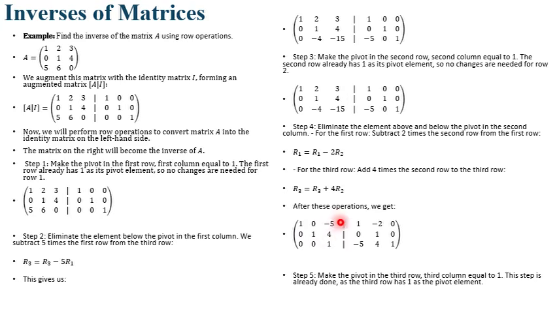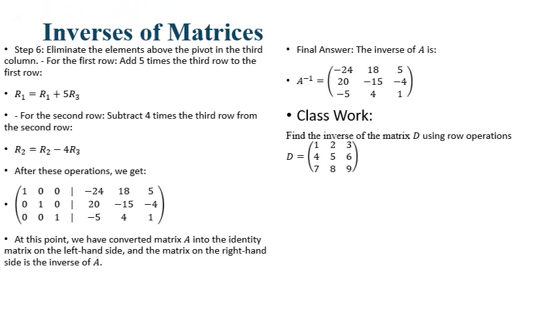The only problem now to solve is to ensure that this element and this element also become 0. It is neater to perform 2 row operations at once. Limit it to 2. Don't perform 4 row operations all at once. It may become messy.